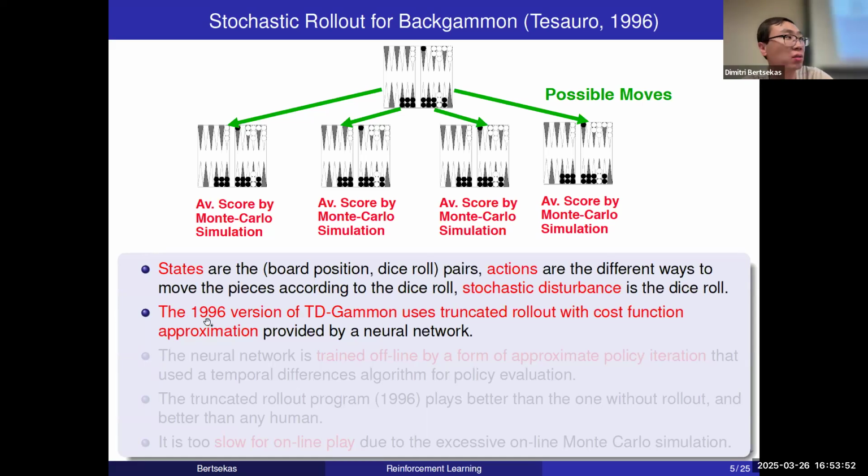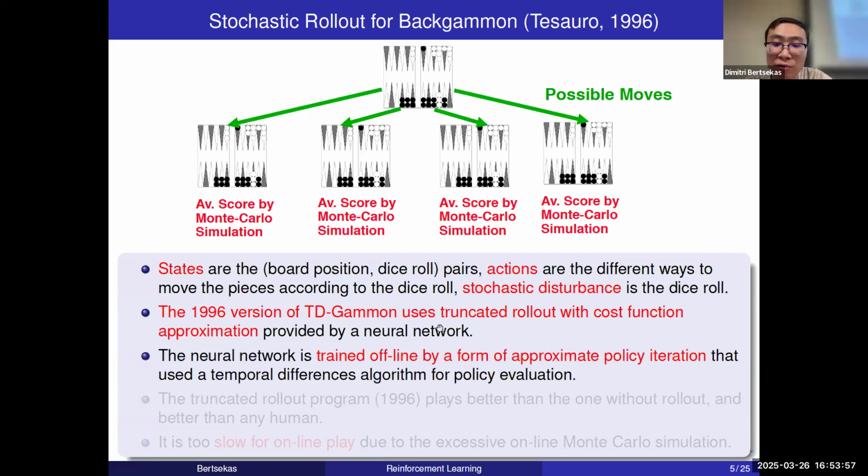A few years later, that is 1996, he introduced a variant version of his preceding method, whereby essentially he introduced the truncated rollout form of the method. In particular, he still relies on the value network, and he does not have a policy network, but instead he used one-step lookahead with respect to that value network as base policy.